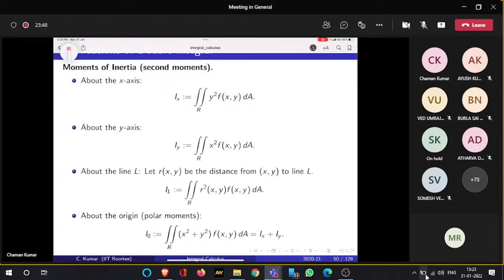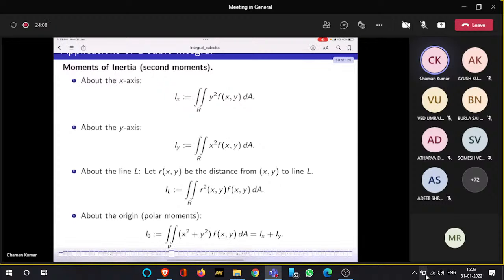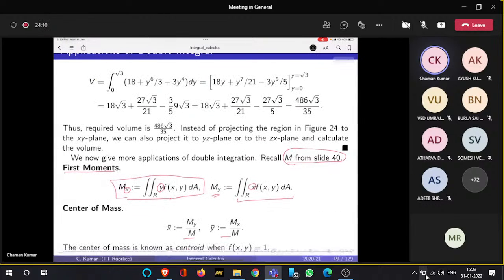The distance of the xy point from the x-axis is basically y, so y square, and the distance of the point xy from the y-axis is x, so x square, the square of the distance. Okay, so this center of mass, all these formulas you should memorize.